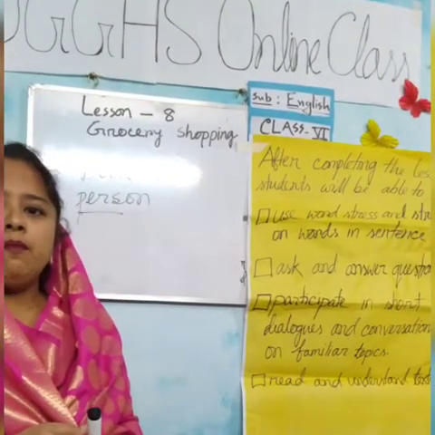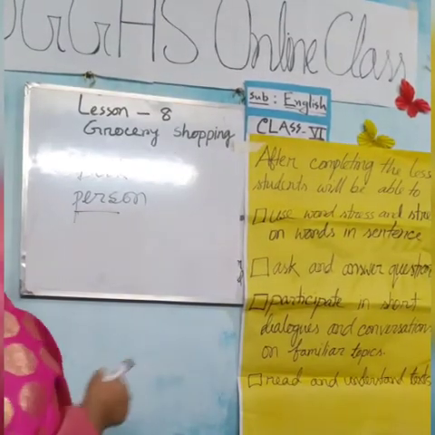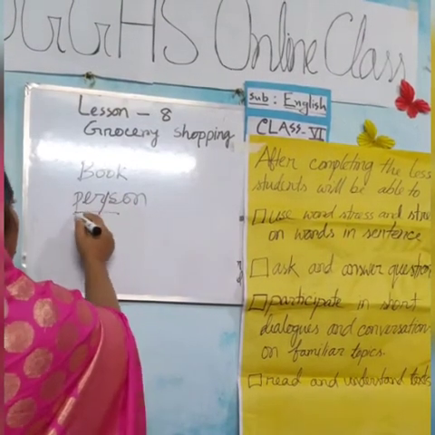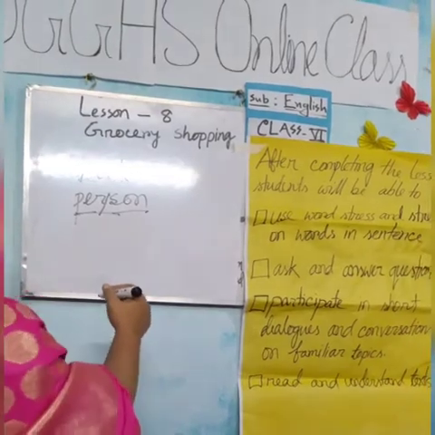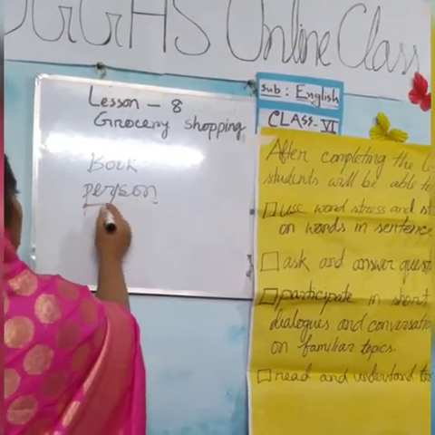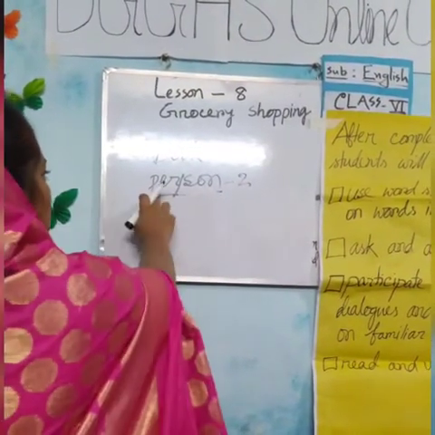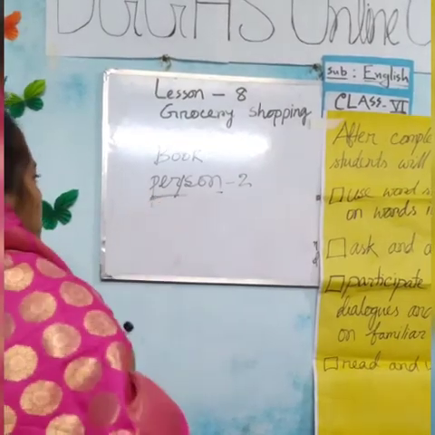Repeat with me, person. Here we can see two vowel sounds, person. Here we can see two syllables, and the first one is stressed.